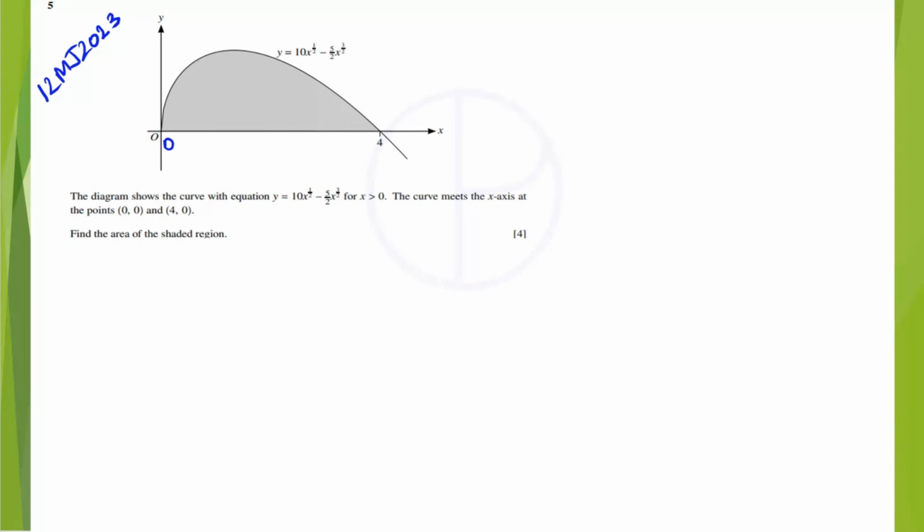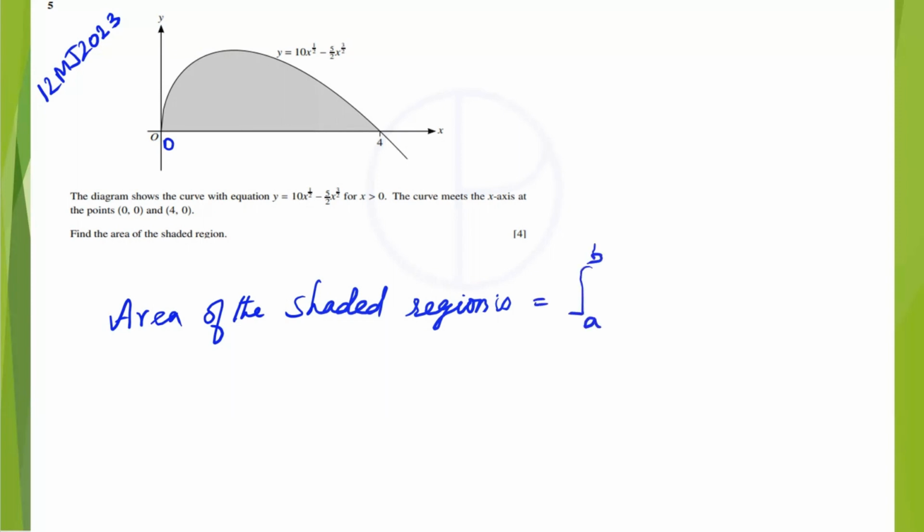The formula is integral a to b y dx. So area of the shaded region is integral a to b y dx.